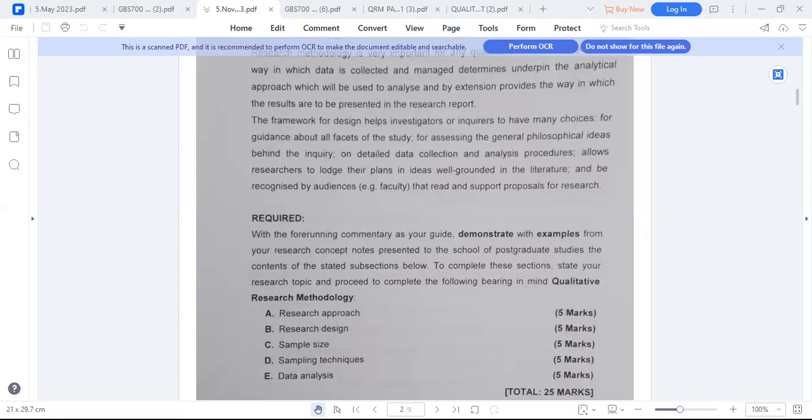Research approach, which one are we picking again? We said we're using a phenomenological approach. Okay, so when they say approach, what exactly do they mean? Because I thought it's qualitative, quantitative, or mixed methods.